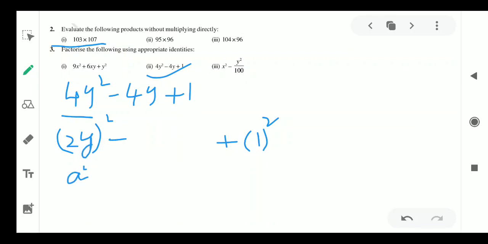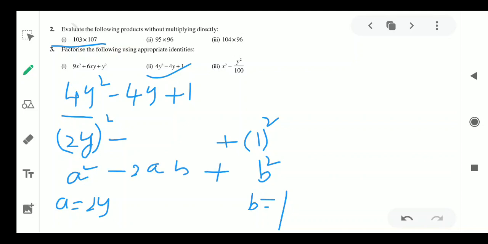Now this is a square, this is b square, means a is equal to 2y, b is equal to 1. In the middle, minus 2ab will come. What is the a? 2y. What is the b? 1. 2 times 2 is 4, 4 times 1 is 4y. So this will come.